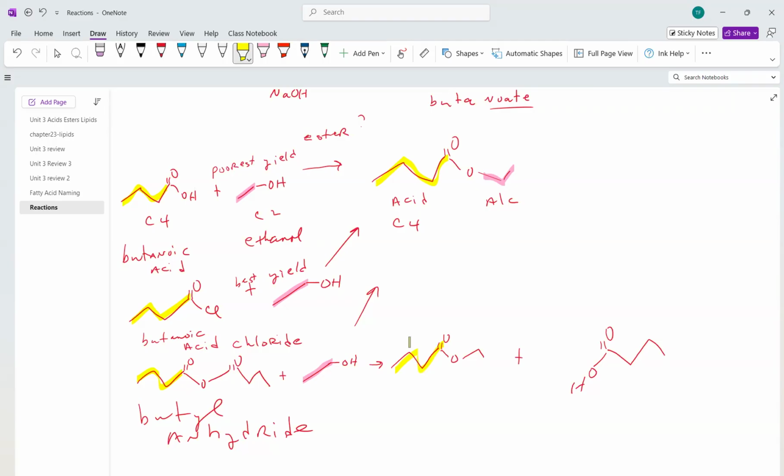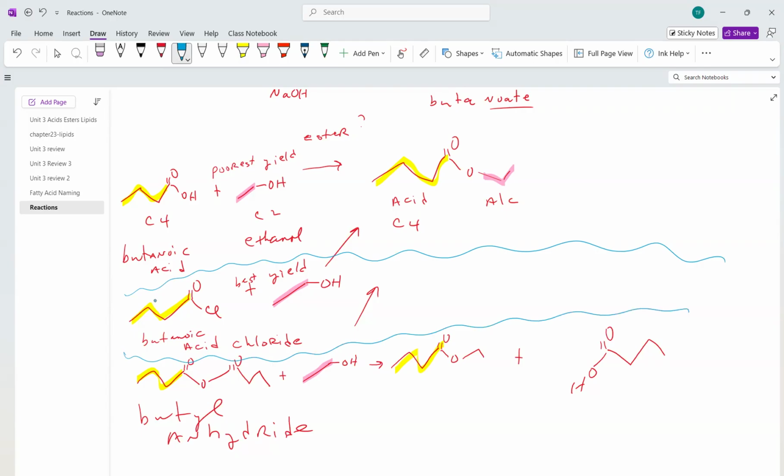Okay. So, using the anhydride is the middle of the road. It isn't the best, it isn't the least, but usually people use the anhydride because anhydride lasts longer on the shelf.